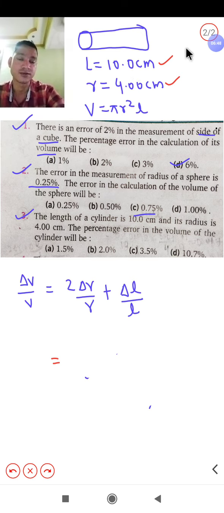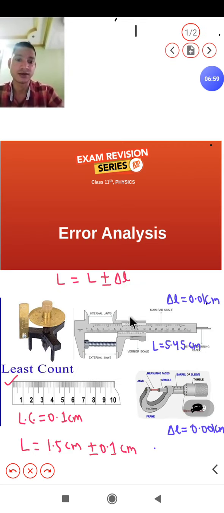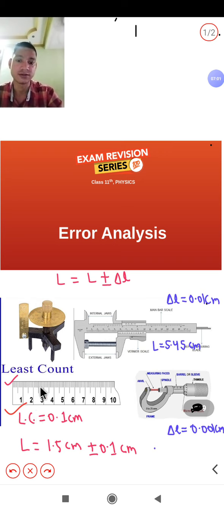So in case of a centimeter scale, what is the value of error? 0.1 centimeter, which is the LC of the centimeter scale. LC of the centimeter or meter rule is 0.1 centimeter. So if we measure any particular length, error will be 0.1 centimeter, which is equal to the least count of the meter rule.